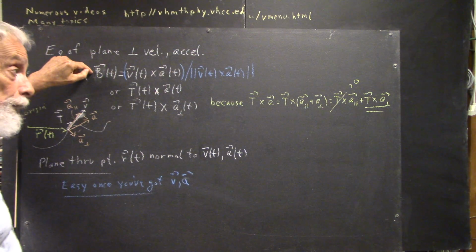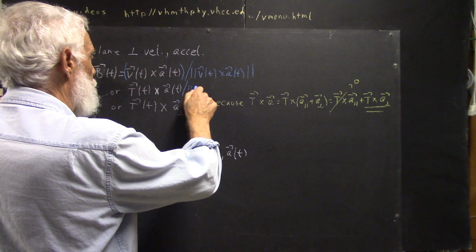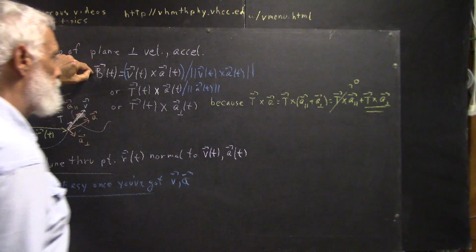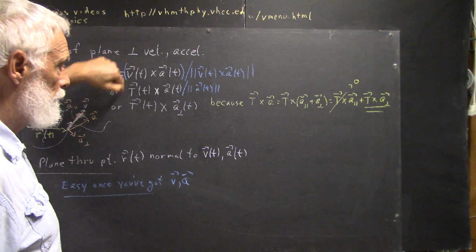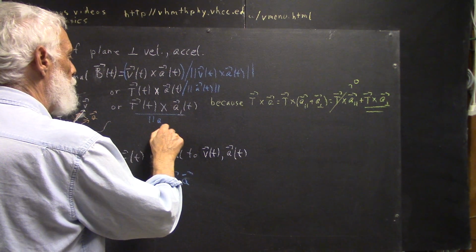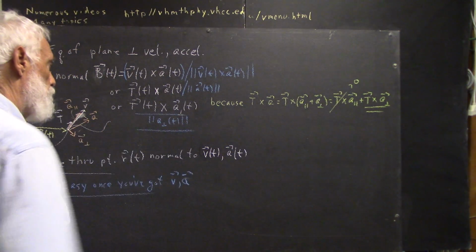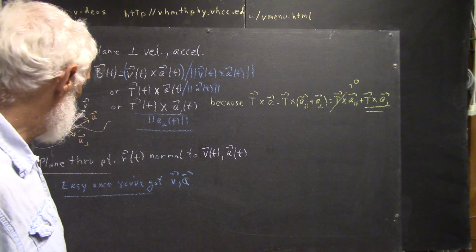But this thing is a unit vector in the normal direction. So then you would have this over the magnitude of a of t, because, of course, the magnitude of T is 0. And this would be over the magnitude of a perpendicular of t. So, apologize for the oversight, but we haven't really defined this. Just giving you a little hint of what's coming.